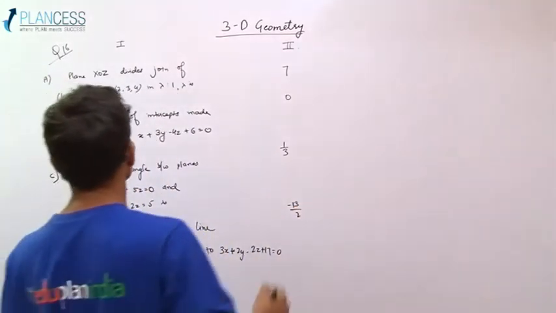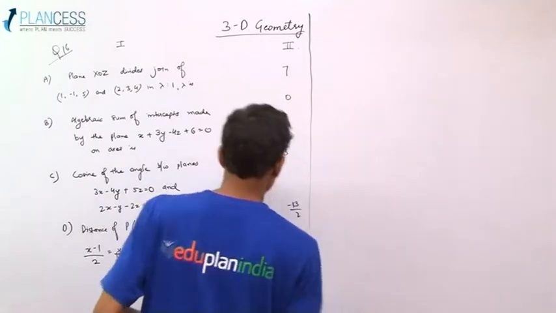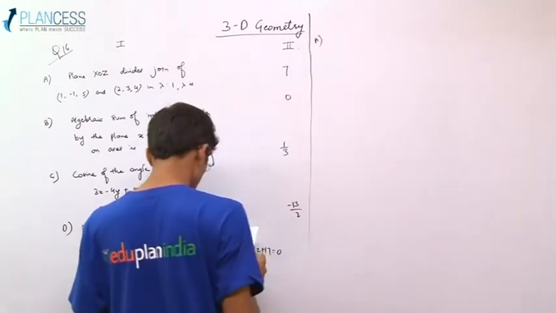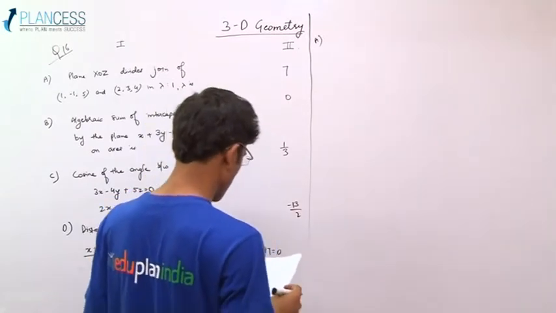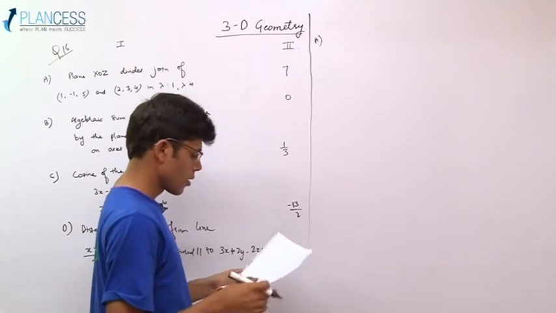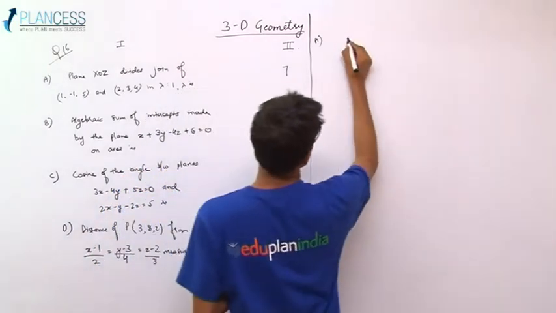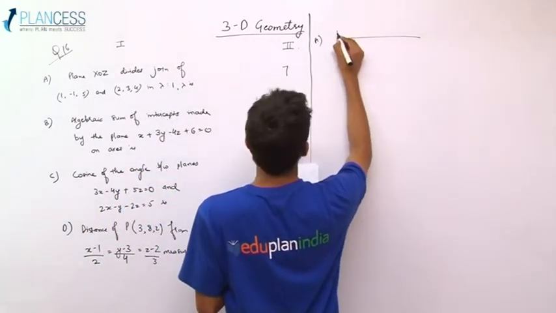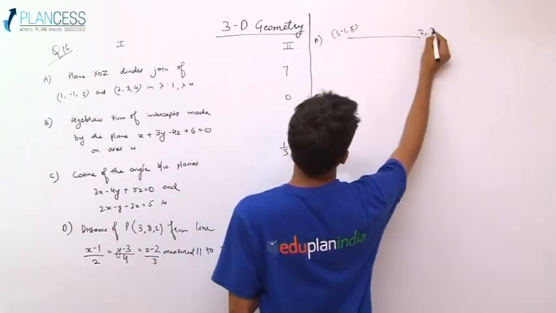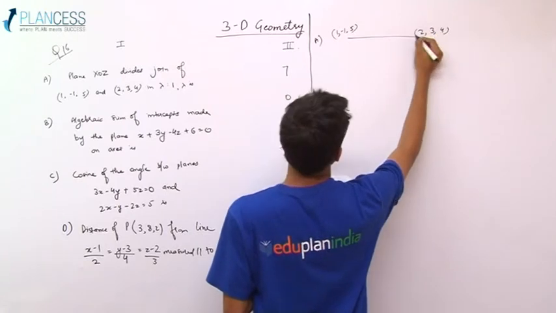Okay, so let's solve this, match the column. Let's solve the first part. This plane divides the line joining this and this in the ratio this. So this is point (1, -1, 5) and this is point (2, 3, 4).